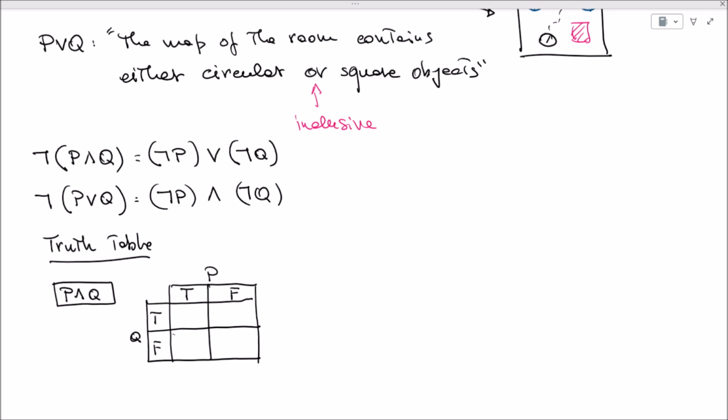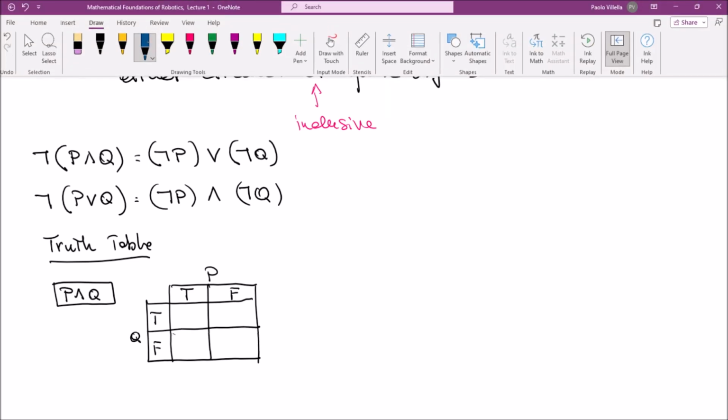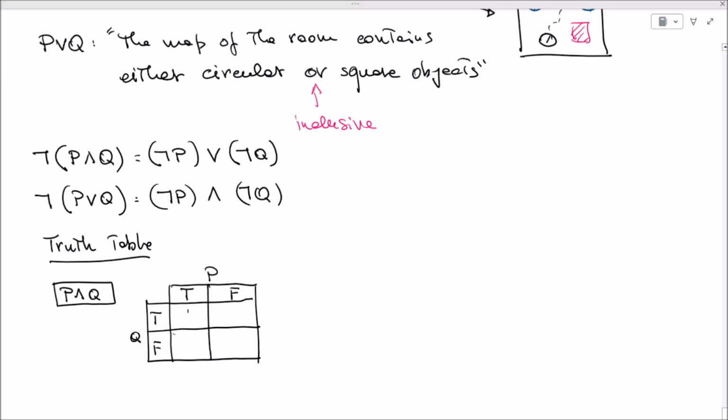Now, we know that if both P and Q are true, P and Q is true. And in any other possibility, we have at least one between P and Q that is false. So all other boxes are false.